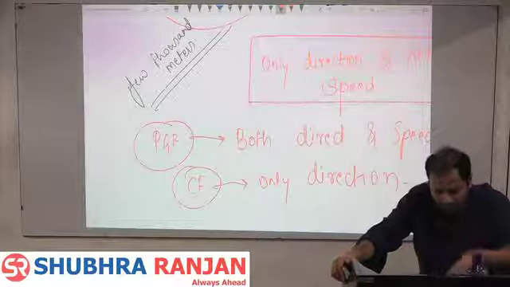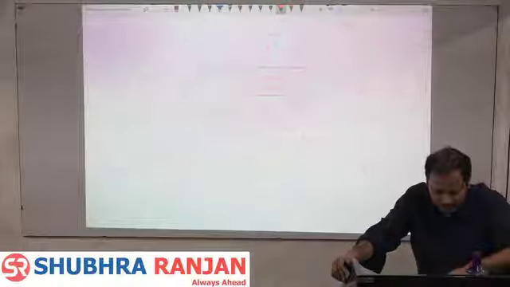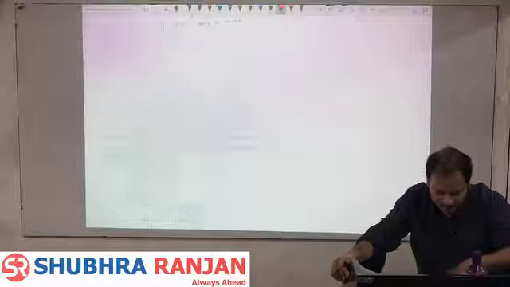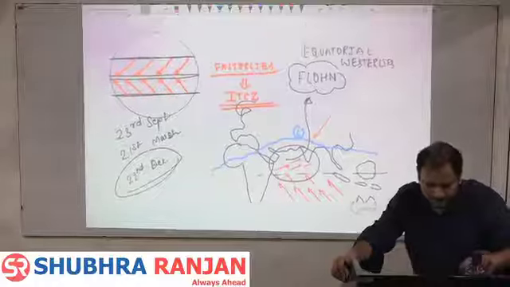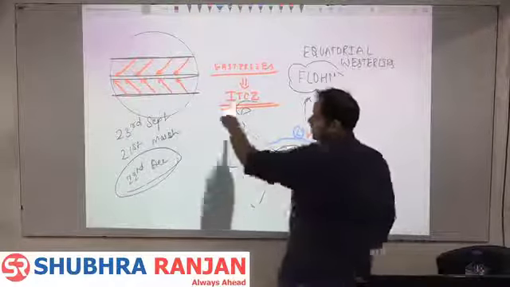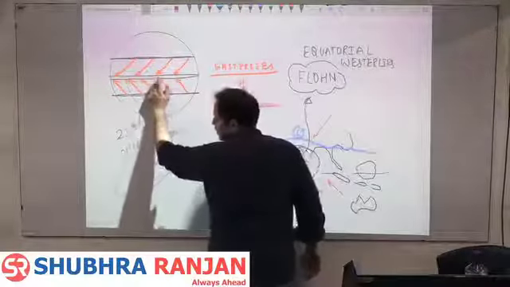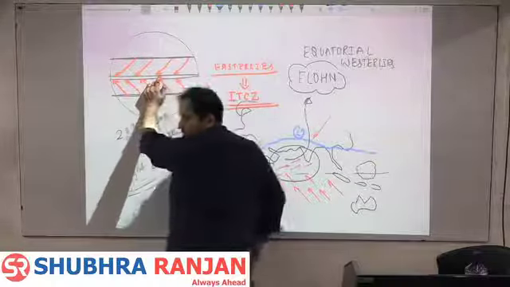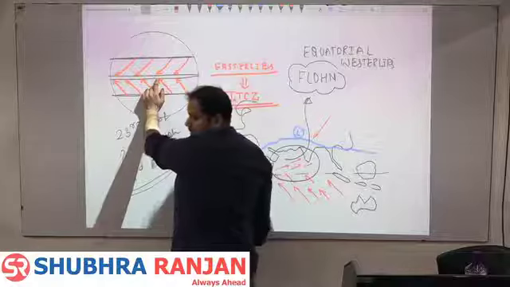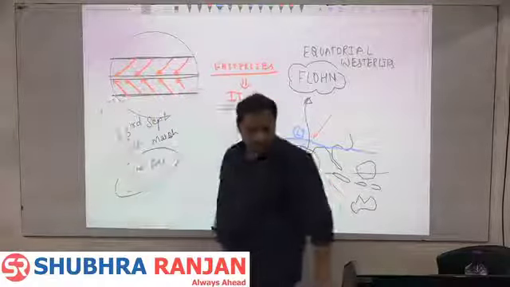Understand why north and south intertropical convergence zone? Because this is from where the equator is going. 0 to 5 degrees north is the north convergence zone, 0 to 5 degrees south is the south intertropical convergence zone.